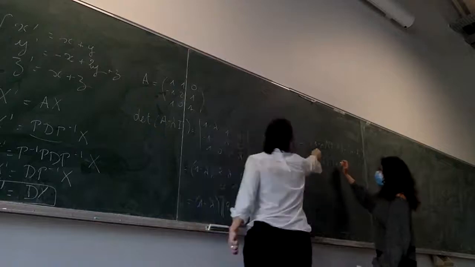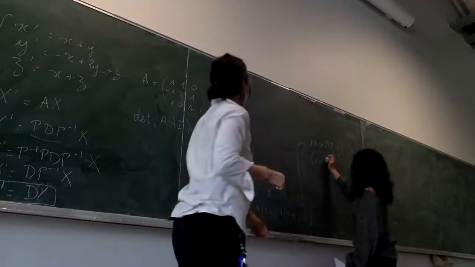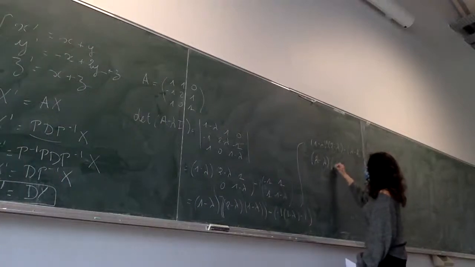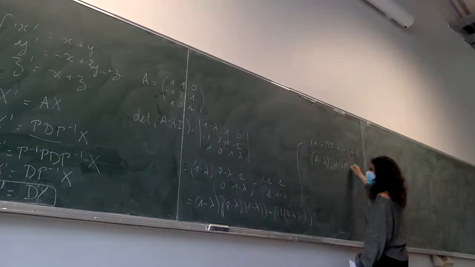Or 2 minus lambda. You can factor with 2 minus lambda. So we've got the 2 as the root.